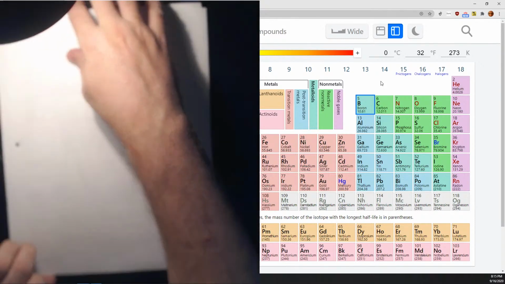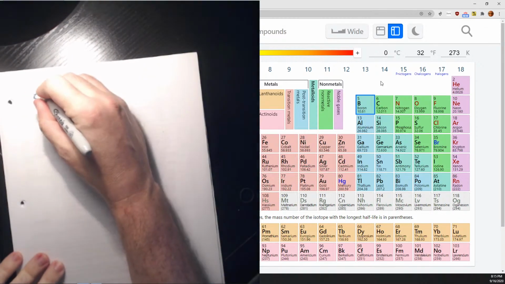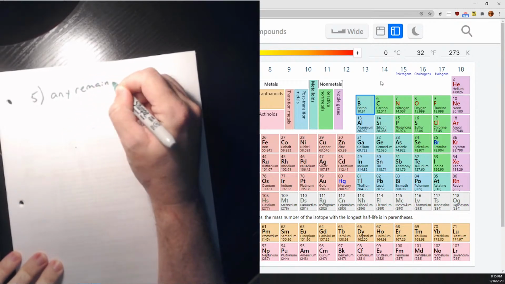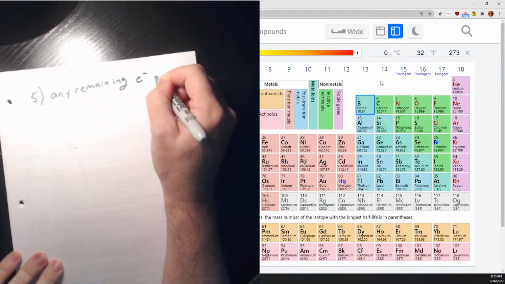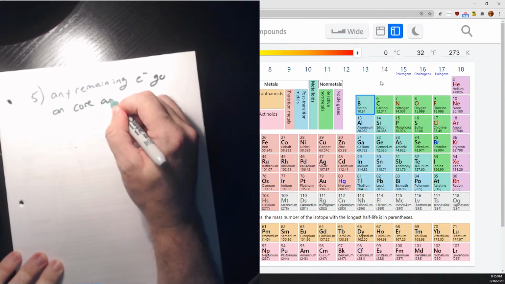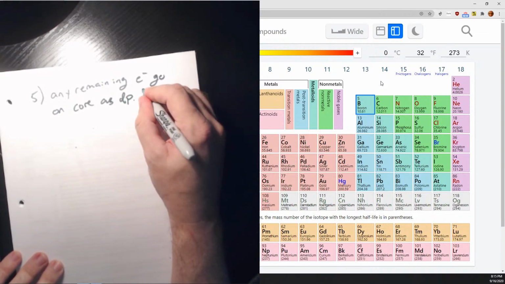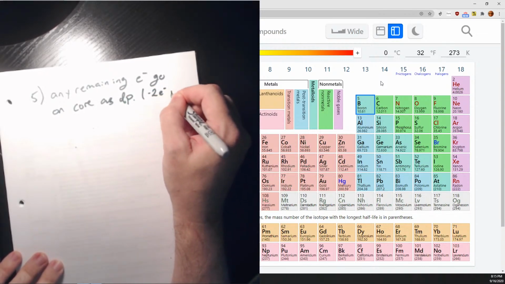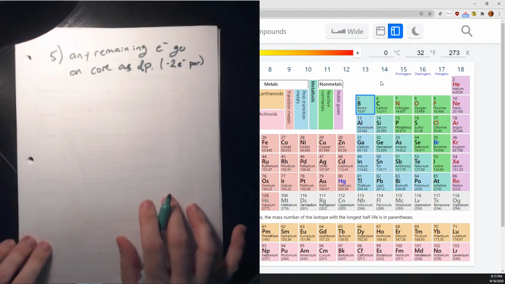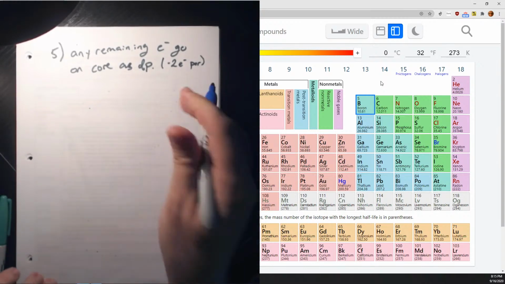For step 5, any remaining electrons will go on the core atom as lone pairs. So in this case, we have 2 electrons left over in our pool.